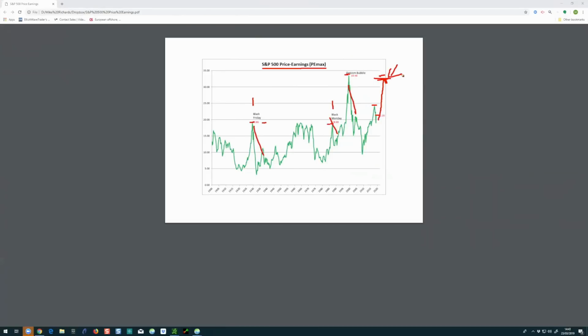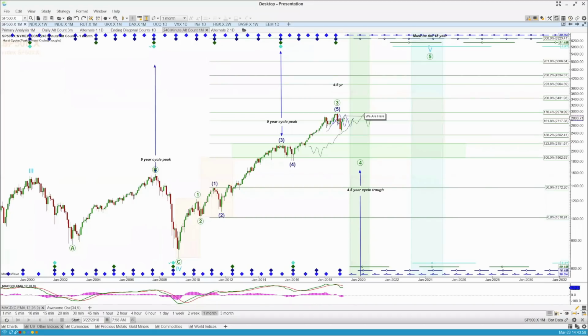Okay, I think we have one more major 5-wave fractal run, if you will, to new all-time highs that are quite considerably higher than where we are now, before we see a blow off in this, and then we're going to get that.